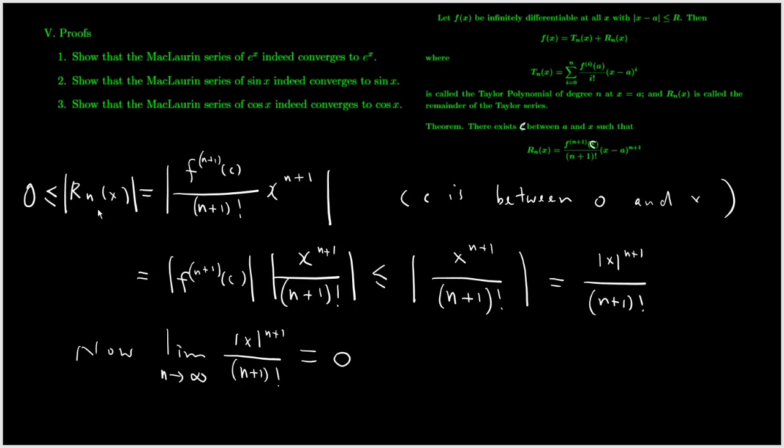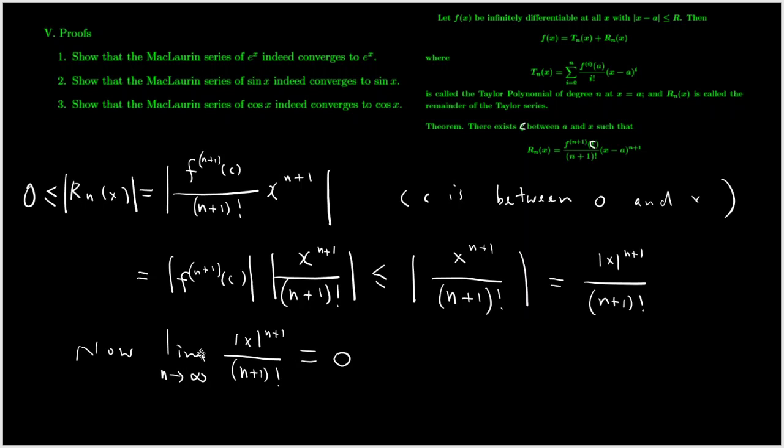Now you see the remainder is a function in between 0 and that. And the limit of the right hand side is equal to 0 as n approaches infinity. And by the way, when taking the limit, the limit is taken with respect to n as n goes to infinity.